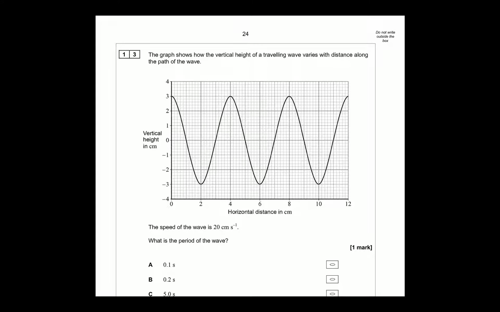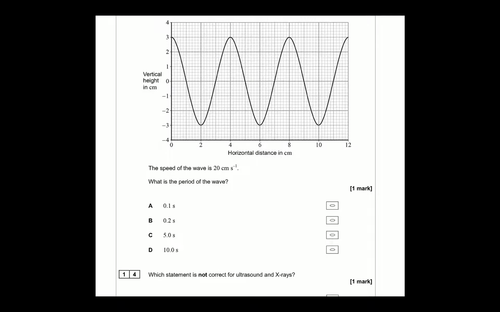Okay, so the graph shows how the vertical height of a traveling wave varies with distance along the path of the wave. What is the period of the wave? So peak to peak distance is 2 centimeters. c equals lambda f.